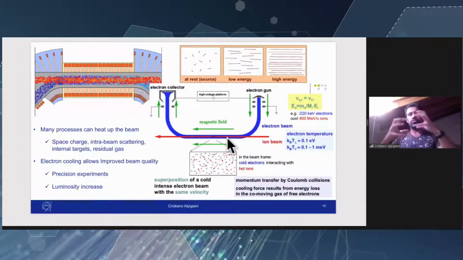When the two gases, electron and antiproton, mix, they try to reach a sort of equilibrium, and this equilibrium cools down the beam of antiprotons. Then the antiprotons and the electrons reach this area where there is another magnet that bends the electrons outside, where there is a collector that collects them.